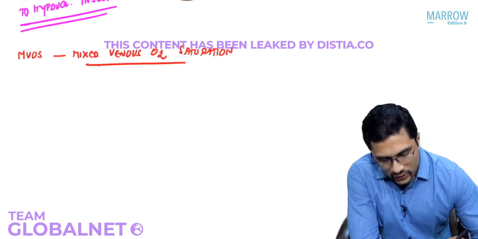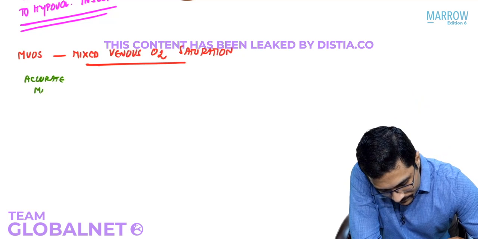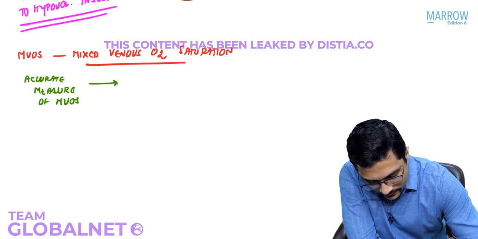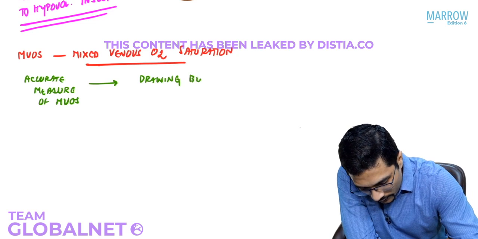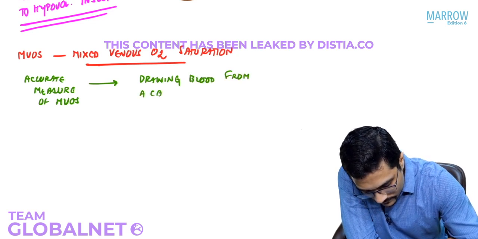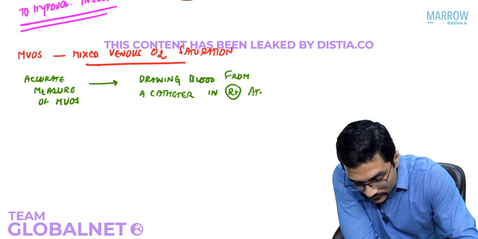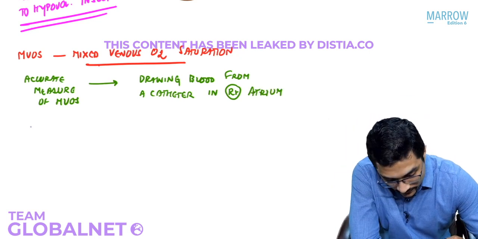An accurate measure of MVOS can be done by drawing blood from a catheter in the right atrium. That is going to give you the accurate measurement. Why not the SVC?